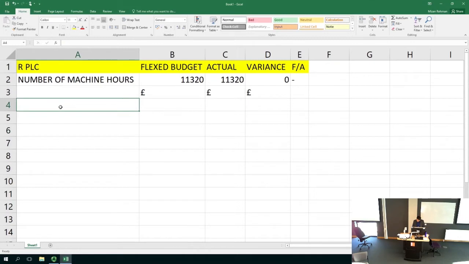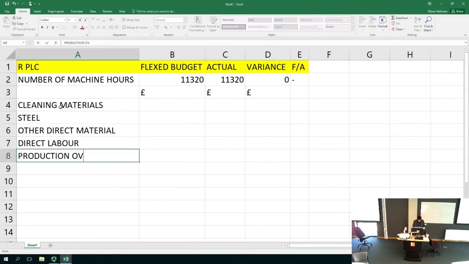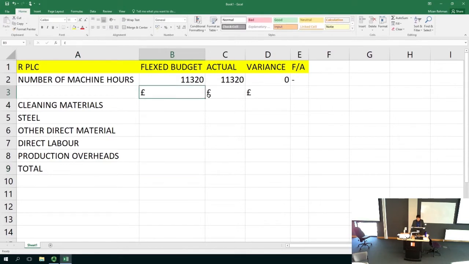The flex budget will be prepared for the actual activity.